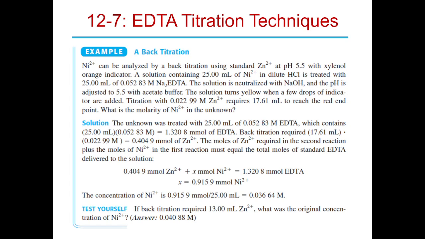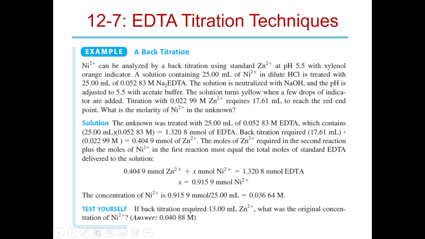All right, this isn't anything special for math or difficulty level really. So the nickel 2 plus can be analyzed by back titration using standard zinc 2 plus at pH 5.5, with xylenol orange indicator. A solution containing 25 milliliters of nickel 2 plus in dilute HCl is treated with this EDTA.